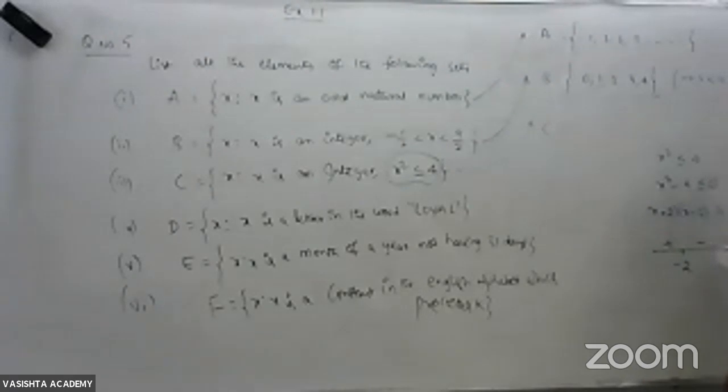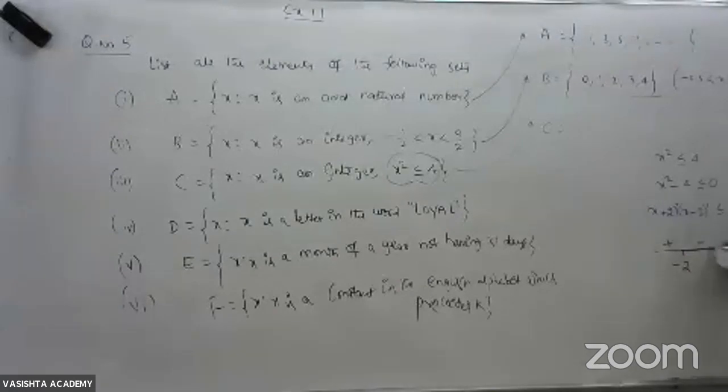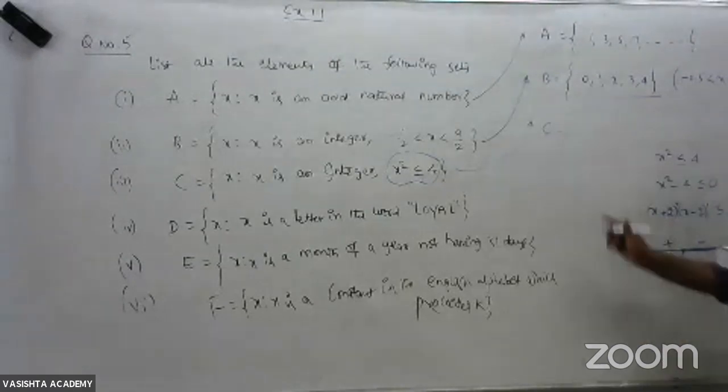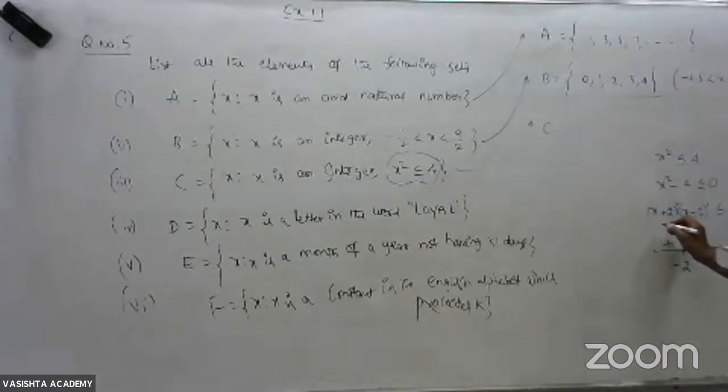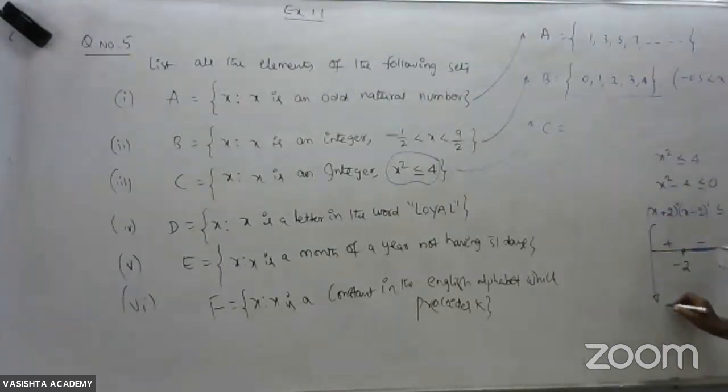Alternatively you can put plus and minus because the power of every linear factor is 1. Now we are looking for less than or equal to 0. Less than or equal to 0 means this region, minus 2 to 2, and I can include minus 2 and 2 also because equal to 0 is there, because minus 2 and 2 are the roots of this expression, right? So in fact, what will be the solution of this inequality? Minus 2 less than or equal to x less than or equal to 2.